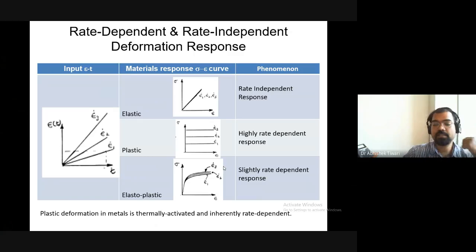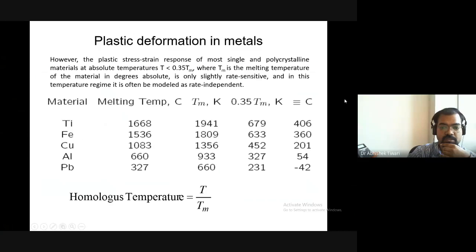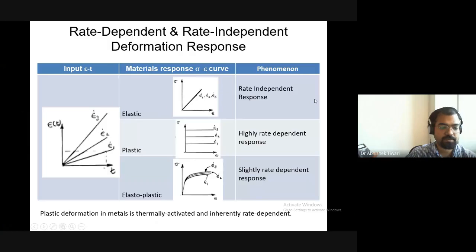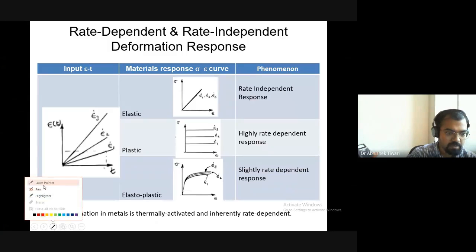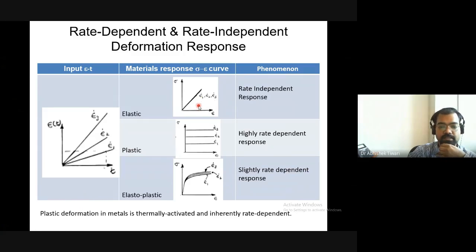So if you compare the material response to elastic materials, for example, and you change the strain rate, so if you apply the same amount of strain for different times, then a purely elastic material, which is rate independent, will not show any change in the curve, as you can see here.